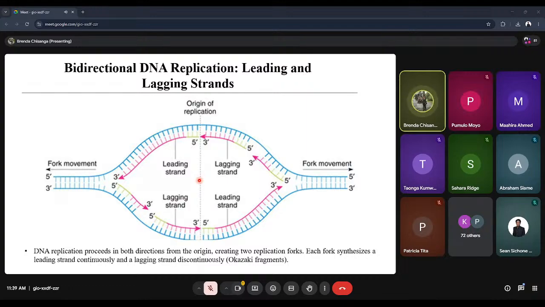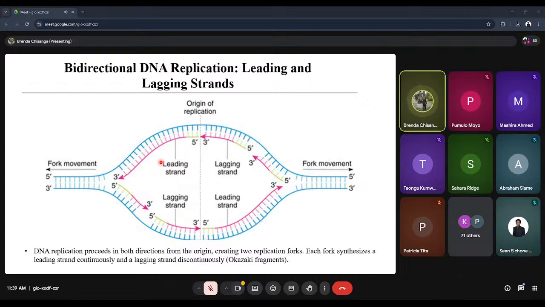In addition to that, at each replication bubble, we're going to have two regions of lagging strand synthesis. We also have two regions of leading strand synthesis. At each replication bubble, what do you have? Two replication forks, that is very clear. We're also going to have two regions of lagging strand synthesis and, of course, our Okazaki fragments having multiple primers.